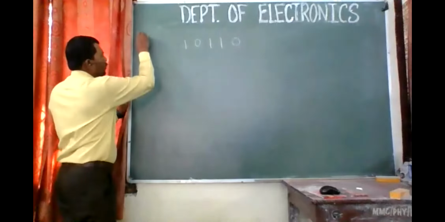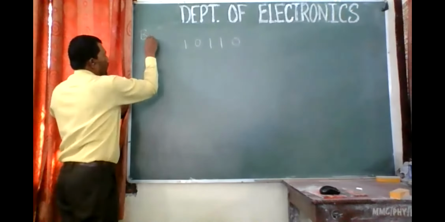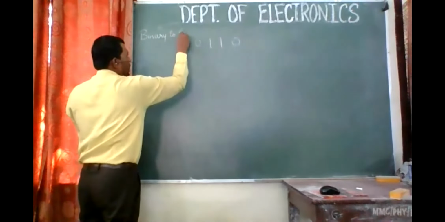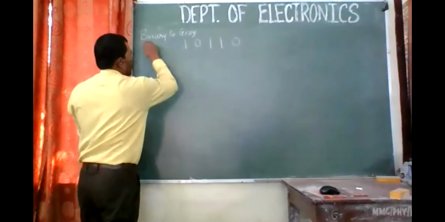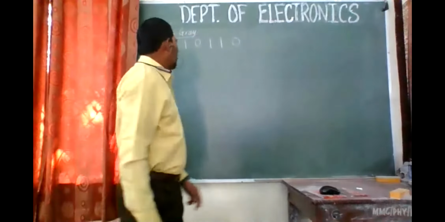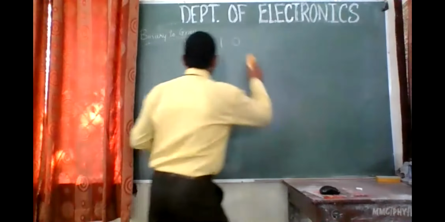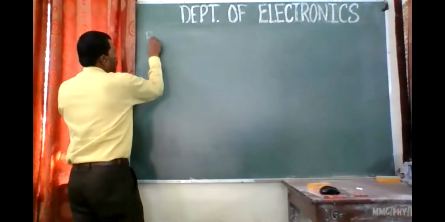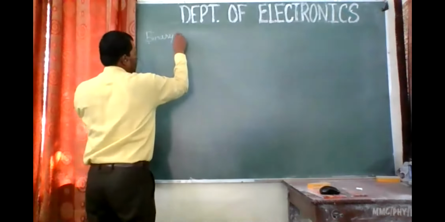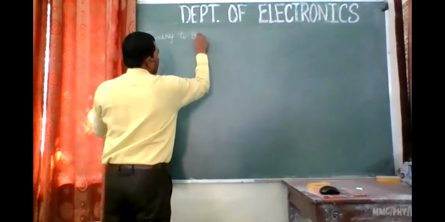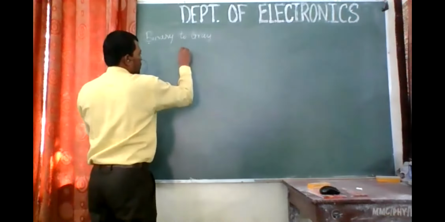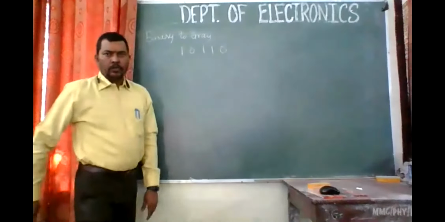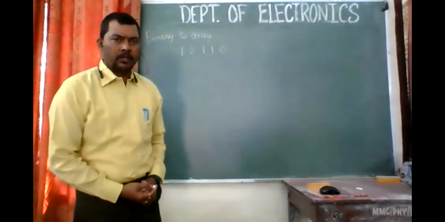I'm reminding you, we are going to convert a binary number to its gray equivalent, binary to gray. For that we have taken this number, 10110.